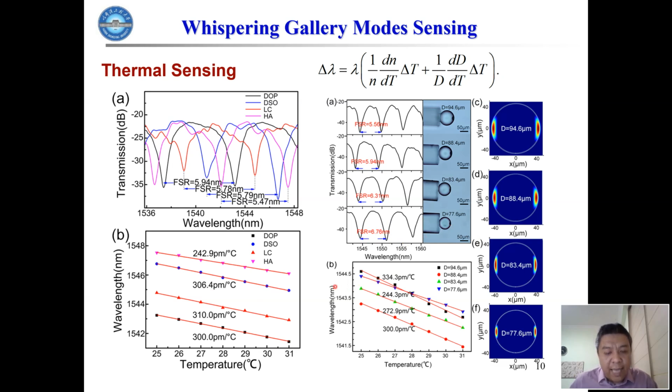If the diameter changes, the FSR will be different and the sensitivity to the temperature is also different.